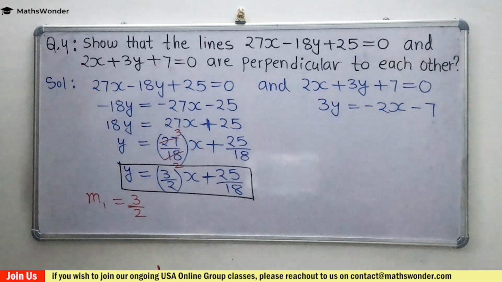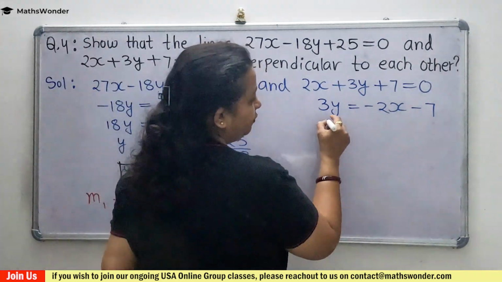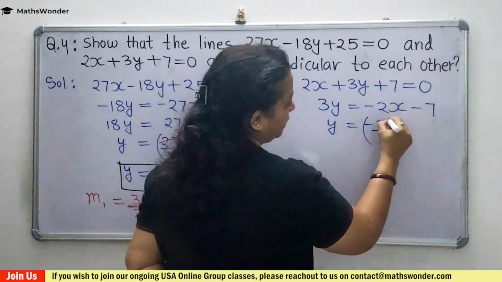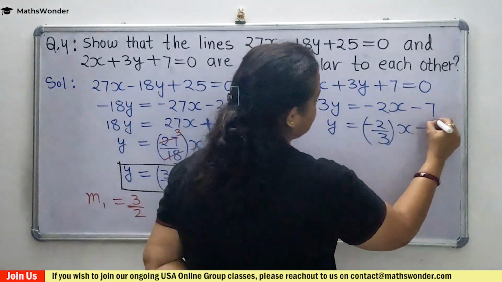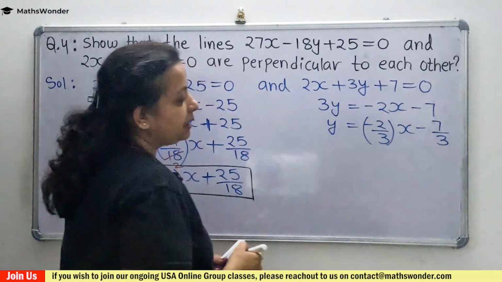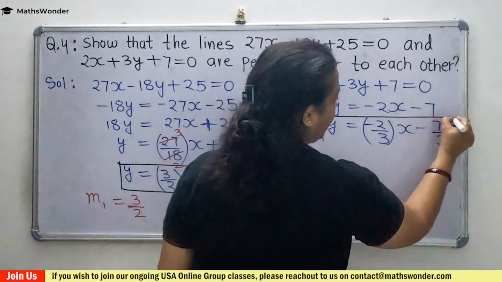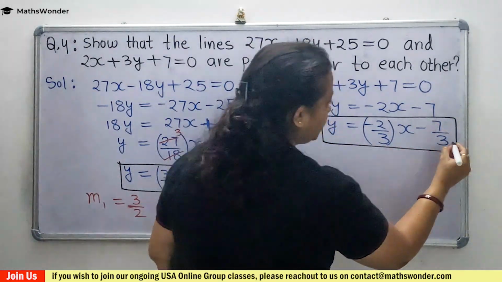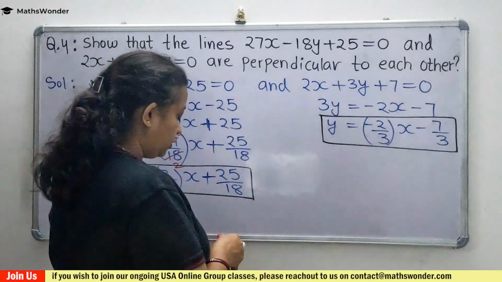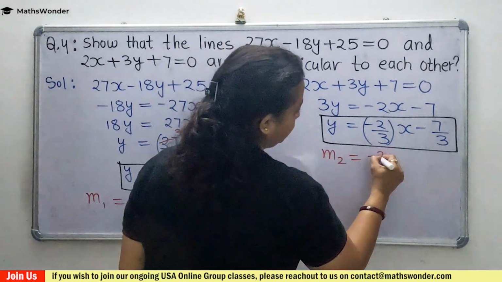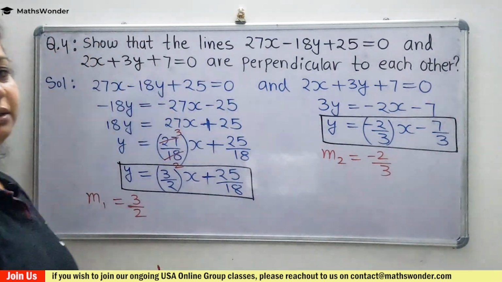Now remove 3 from here. So negative 2 over 3 x minus 7 over 3. Now we got the y equals mx plus c. Now find slope number 2. So slope number 2, m2, is negative 2 over 3, right?